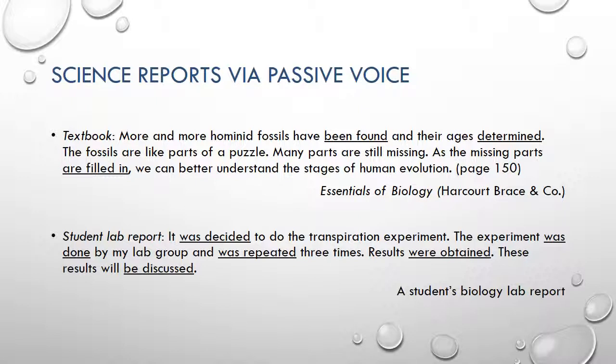Well, why are the students using passive voice throughout? Well, I think it would be helpful if the writers just included an active agent, a character in the writing, such as my lab group or just my group. And so you can see how science writing is steeped with the passive voice.